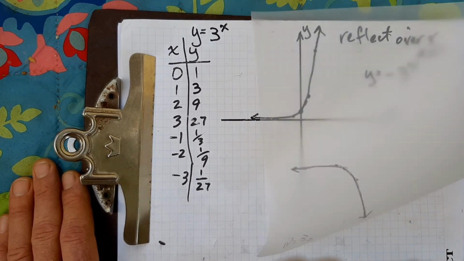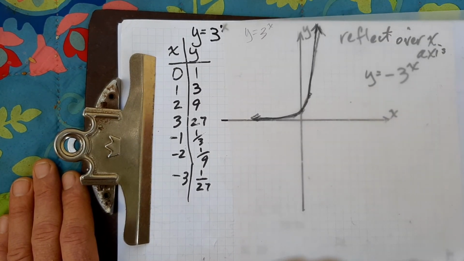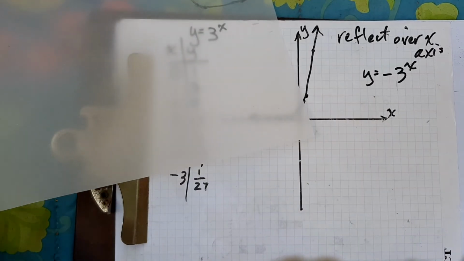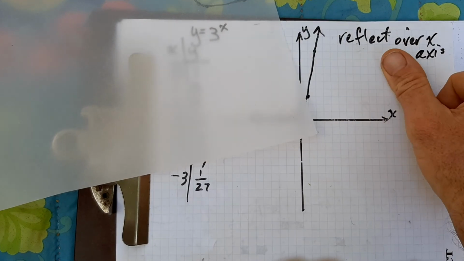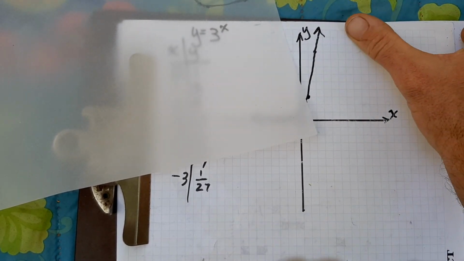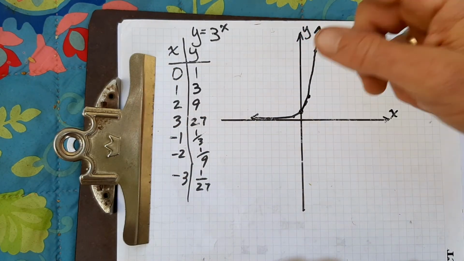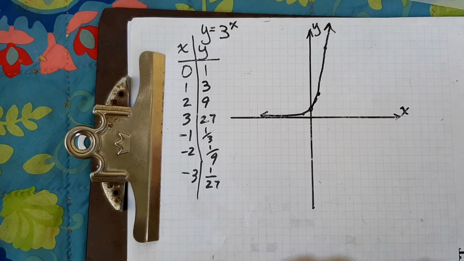Okay, how are we going to flip it over this axis? Well, there's kind of two ways to do that, but let's talk about using a negative sign. So I'm going to take every x value and change the sign. How will I change every x value sign? Well, let's put a negative sign up there.